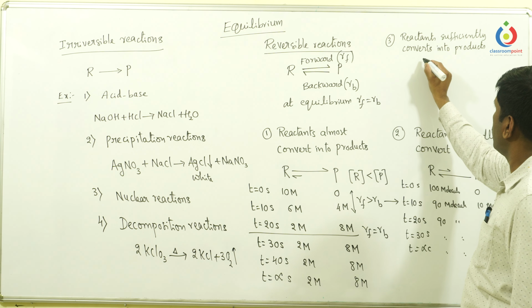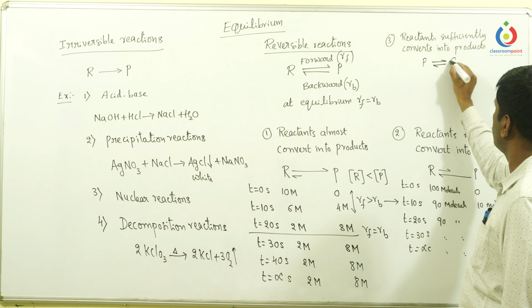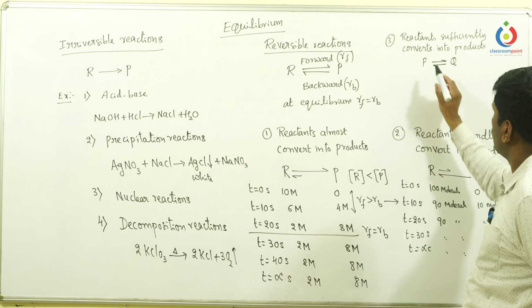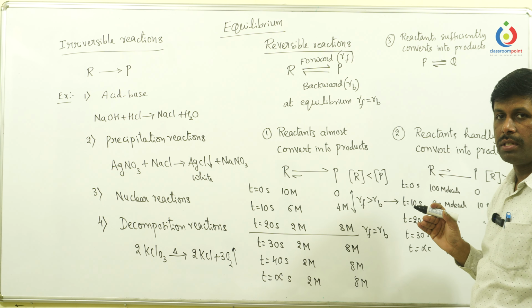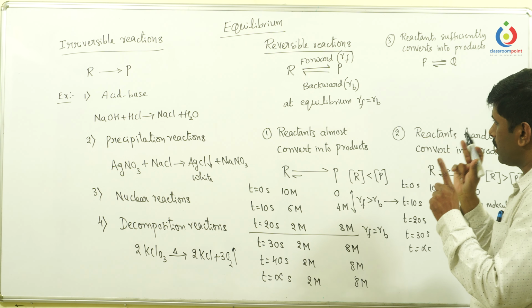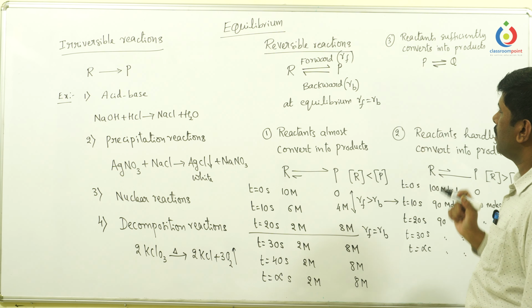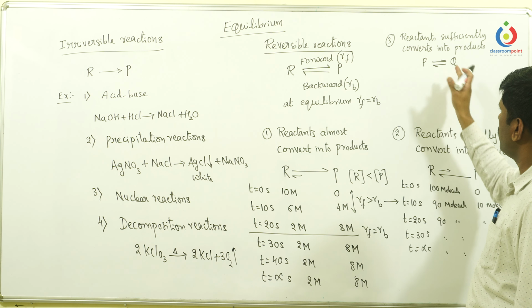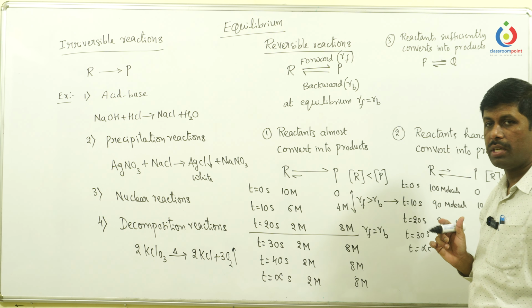Example, let us take some P converting into Q. When almost equal or nearly equal concentrations are present, for such types of equilibrium reactions we use this type of arrow symbol. That means not only are rates equal, even concentrations are also equal to some extent.